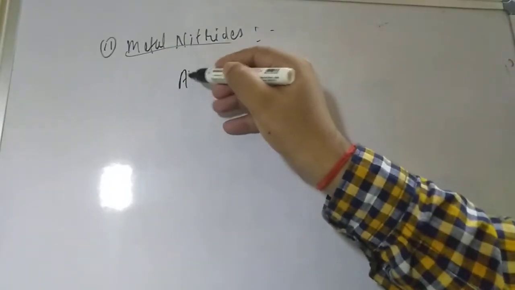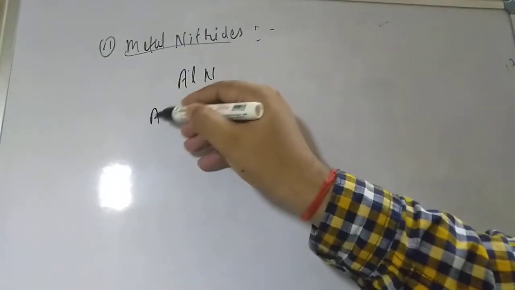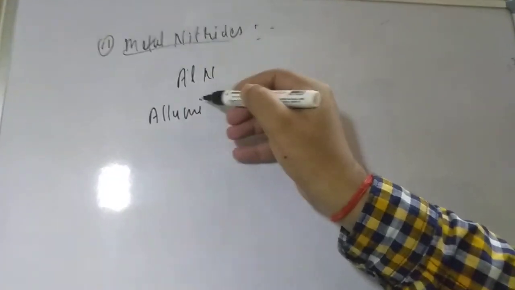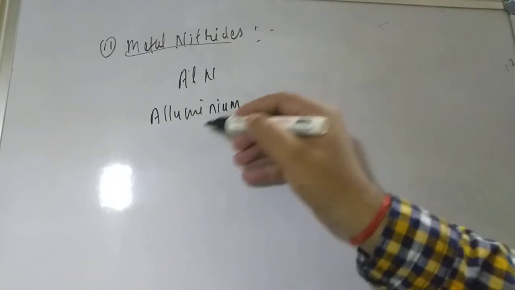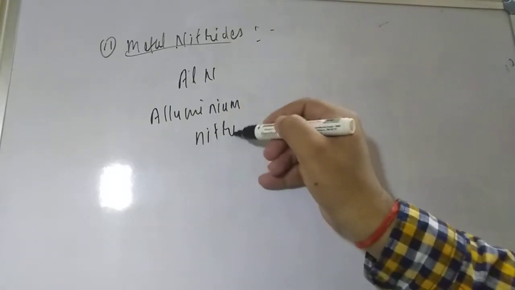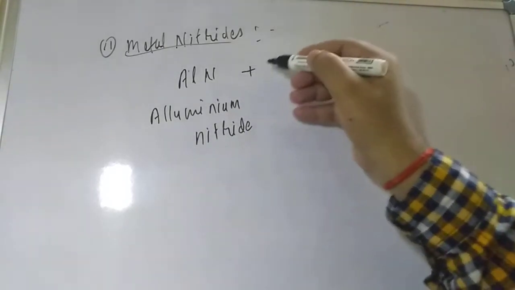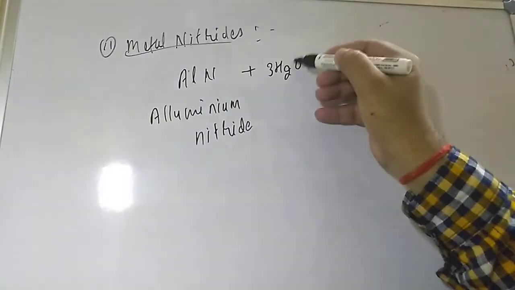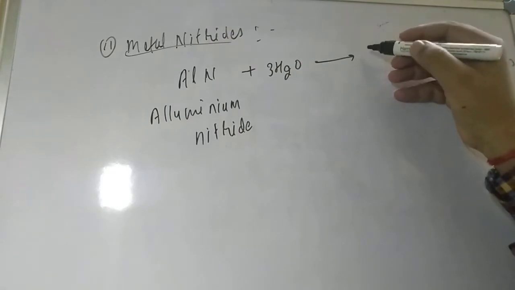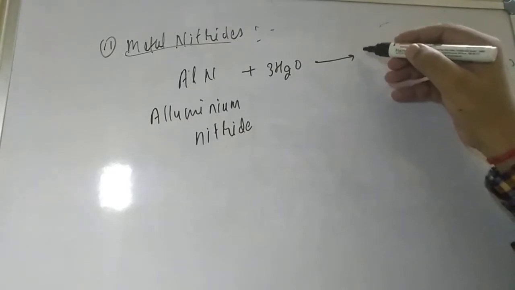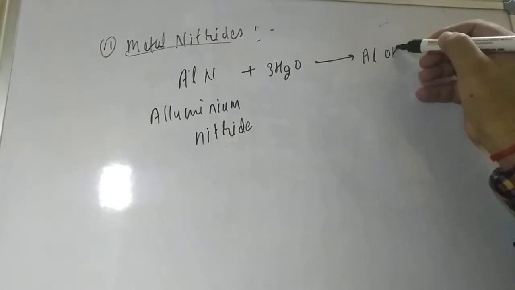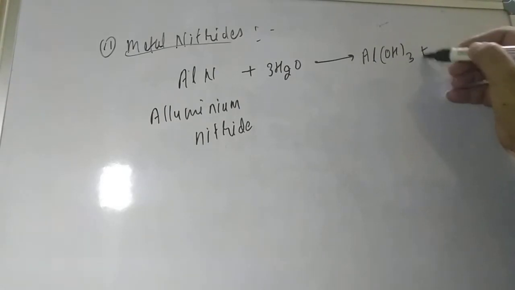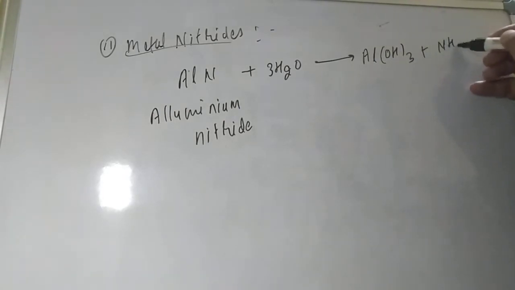Suppose I am taking AlN, which is nothing but aluminium nitride. If you heat this aluminium nitride with water, taking 3 water molecules, it will give aluminium hydroxide and ammonia, NH3.